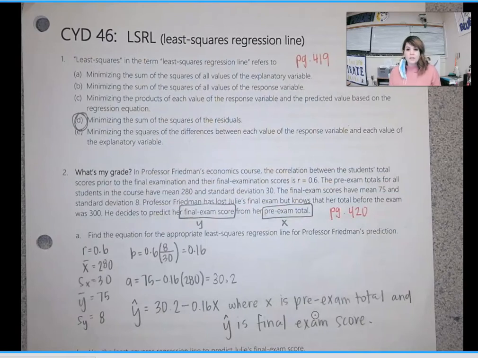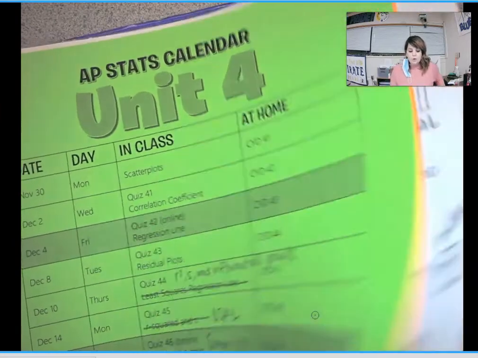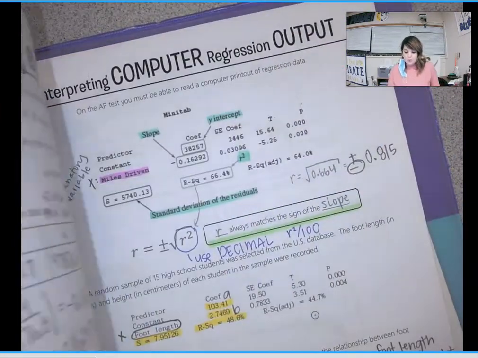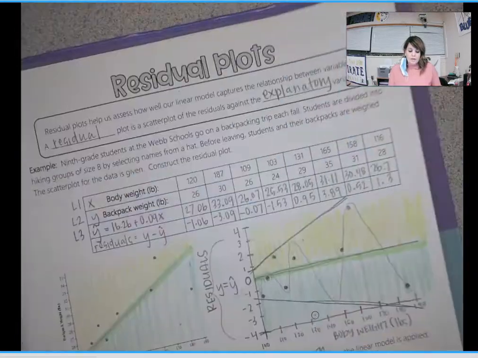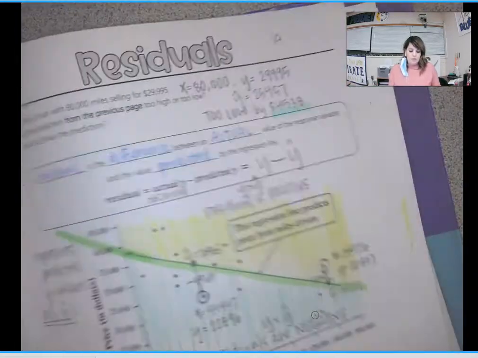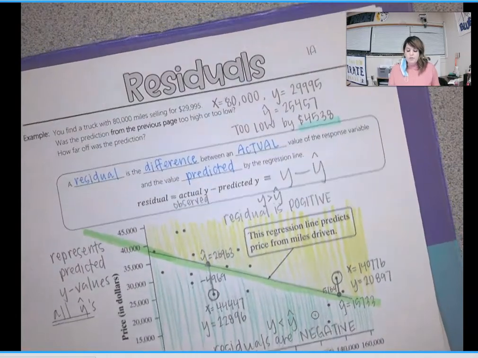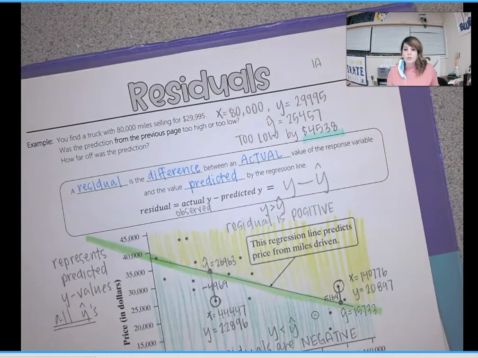The one other thing that I want to mention about this being a review is keep in mind that the unit that we're on includes more than just the packet that I've given you. So in class, I gave you the rest of our notes for this unit starting at page 413.